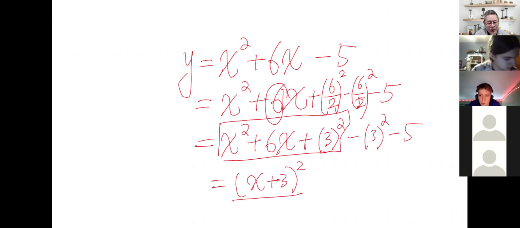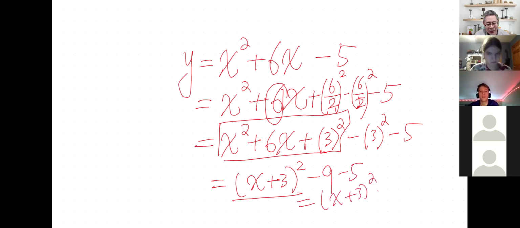Are we good here? Yes. Okay, and then this is 9, this is a 5. So what we got here is x plus 3 squared minus 14. Which means our vertex point, good job, is -3 and -14.